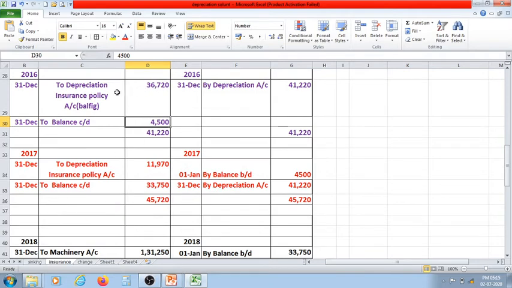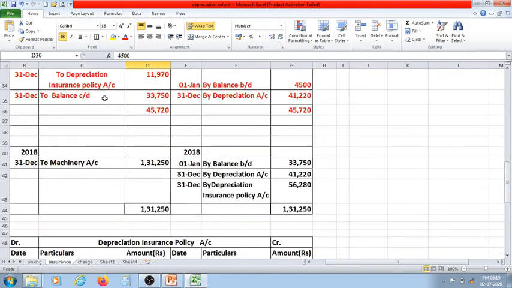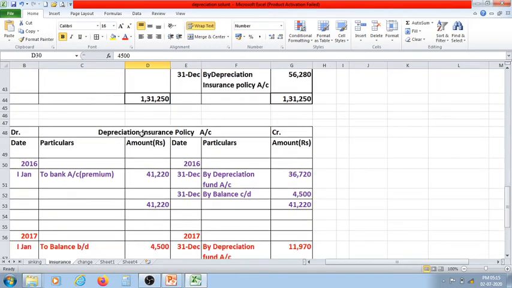Okay. Now this reflects in the policy account. So let's go to the policy account. Here is the insurance policy account. We have written the premium amount, the entry passed, and then from there we write the entry which is recorded in the fund account, and it is also a balancing figure.